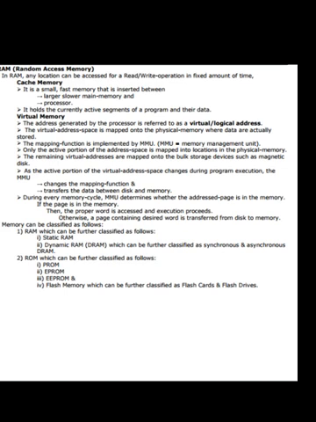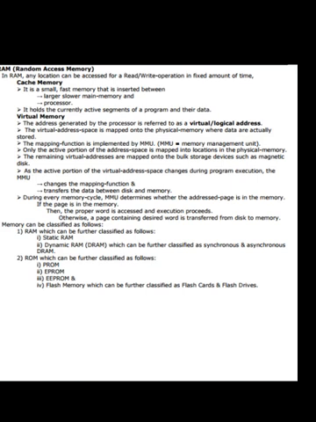As the active portion of the virtual address space changes during program execution, the MMU changes the mapping function and transfers data between disk and memory. During every memory cycle, the MMU determines whether the addressed page is in the memory. If the page is in the memory, then the proper word is accessed and execution proceeds. Otherwise, a page containing the desired word is transferred from the disk to memory.